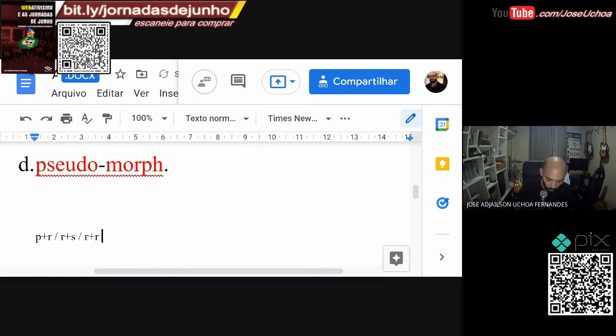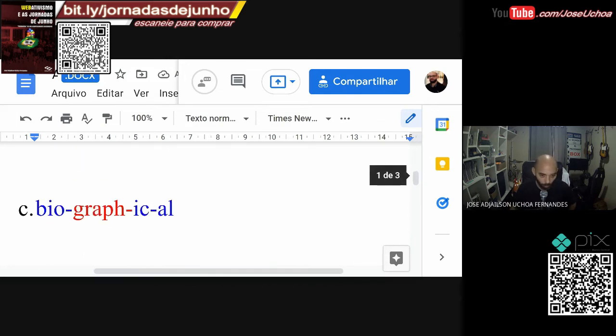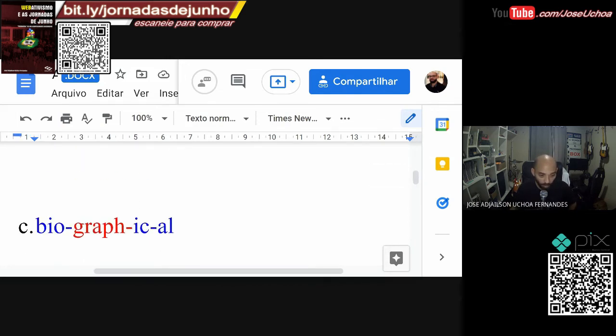We can also have derivations of prefix plus root plus suffix, and so on. Okay, we can have also prefix plus root plus suffix plus another suffix, as in biographical: prefix, root, suffix, suffix. You see?